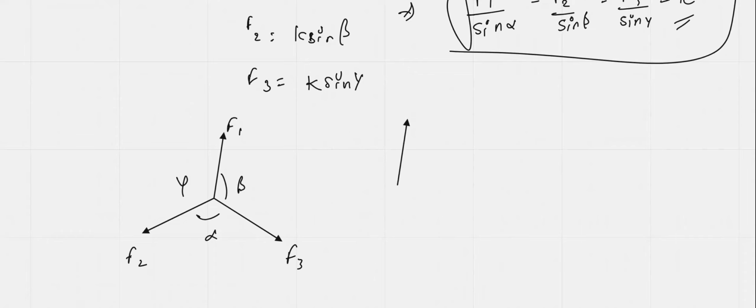I have another representation for all these different vectors. This was my A vector, this is my B vector, and the last one is my C vector, somewhere here.